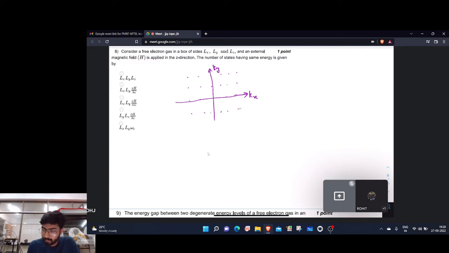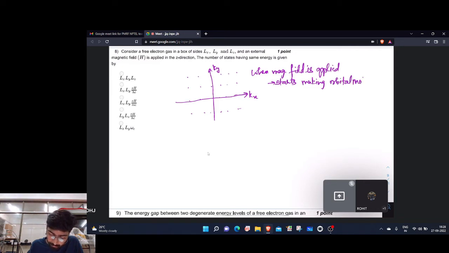Now as we know, when a magnetic field is applied, the electrons in the solid start making orbital motion, going into orbits in the kx ky plane.